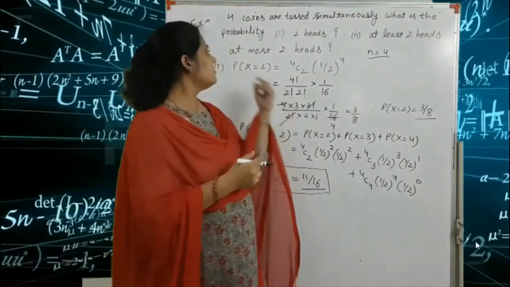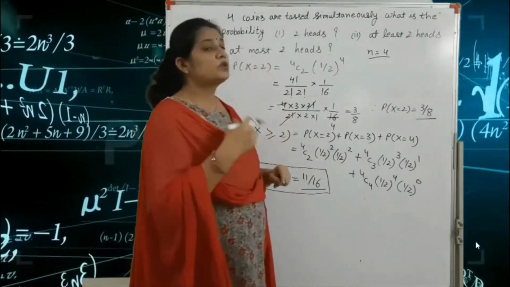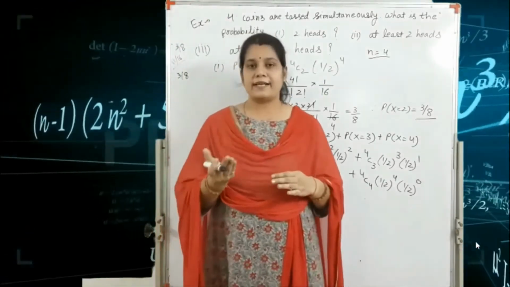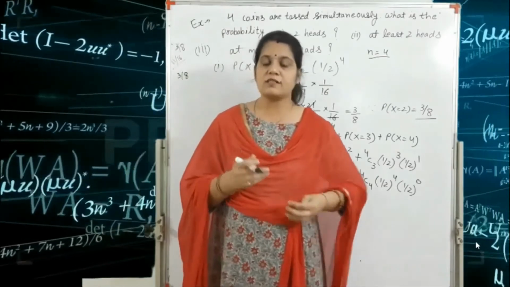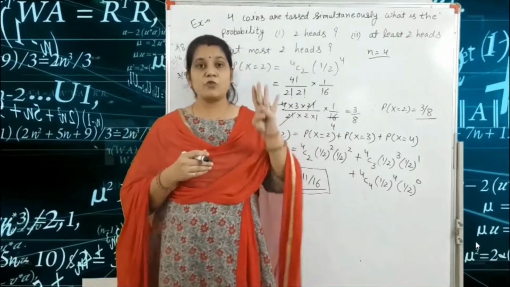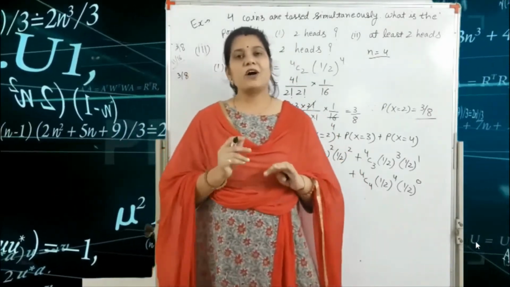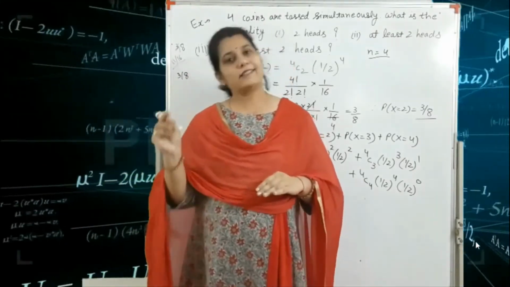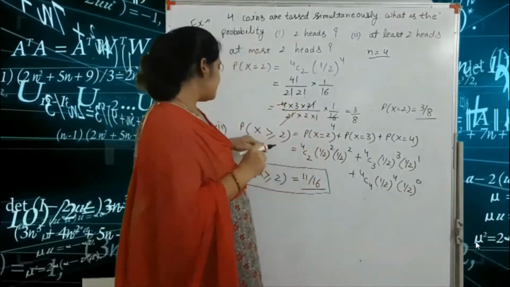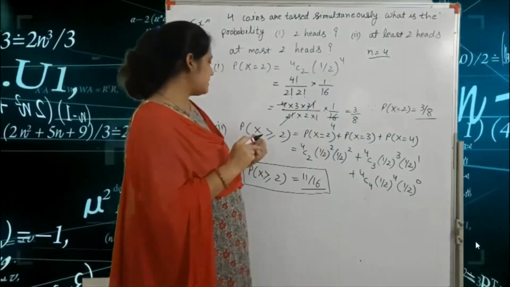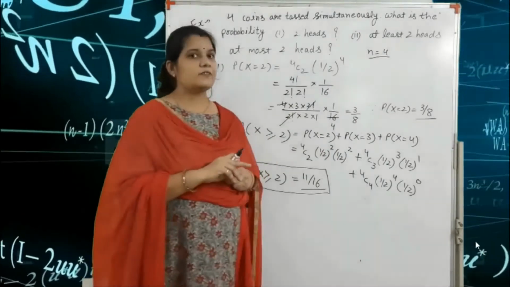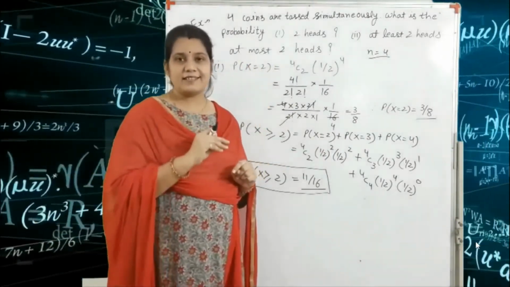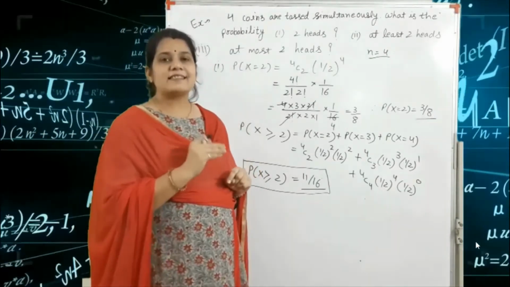Okay, next and last is at most two heads. So what do we mean by at most two heads? At most two heads means we get two heads, or one head, or all four coins show only tails. If it is at least two heads, we write P(x ≥ 2), but for at most two heads, we write P(x ≤ 2).